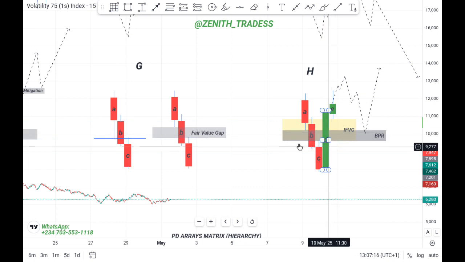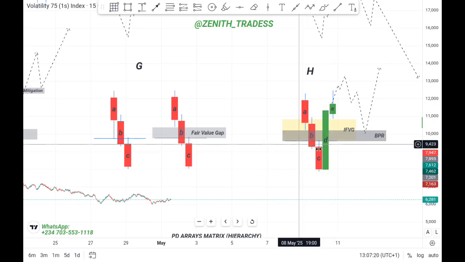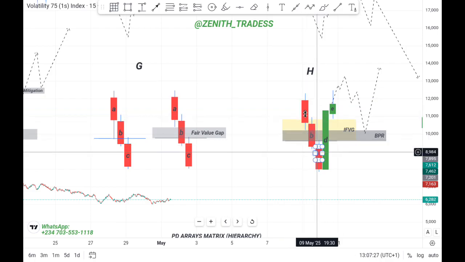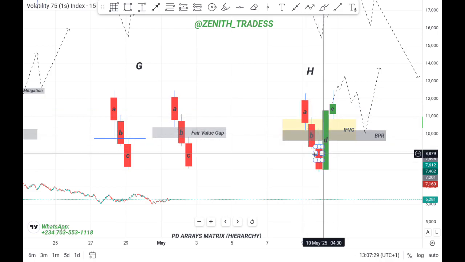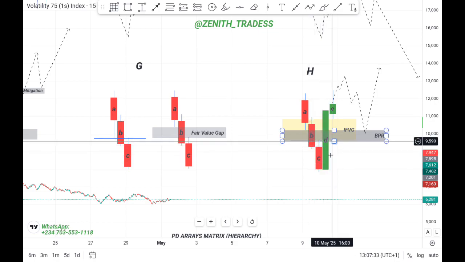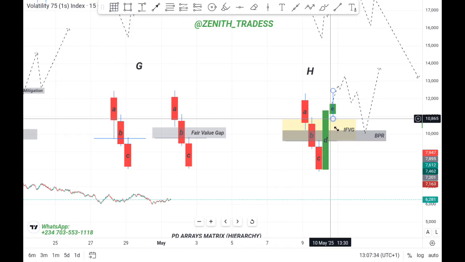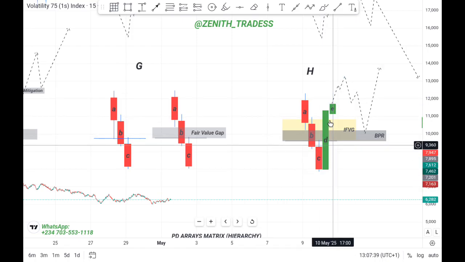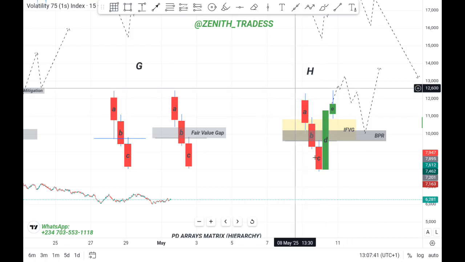All right. So once we see a reclaimed block, once we see a fair value gap as price is breaking the block, it is actually a manipulation. Expect price to get reclaimed, and once price is reclaimed, it's going to create another fair value gap. Also creating a change in state of delivery, because the previous state of delivery was bearish.